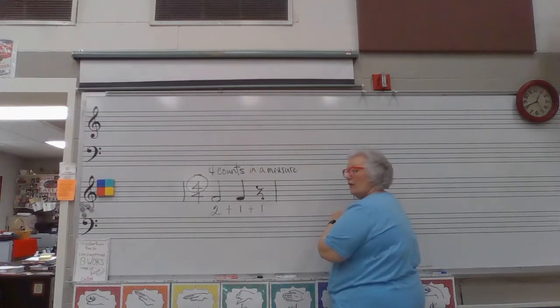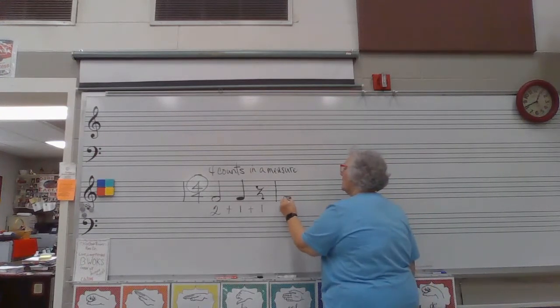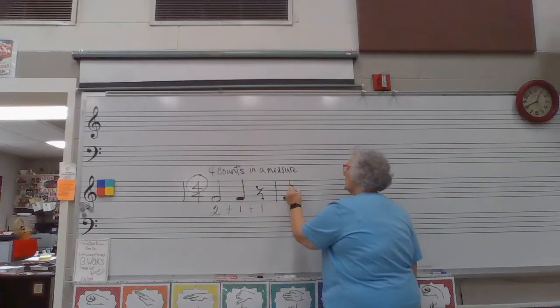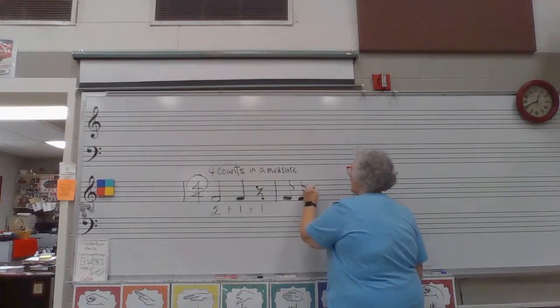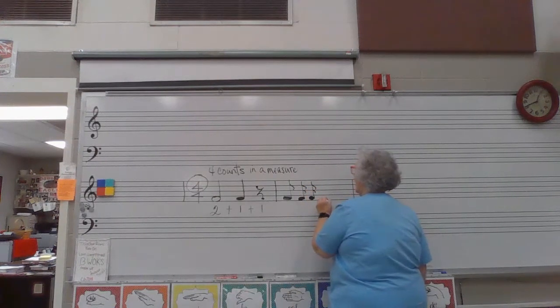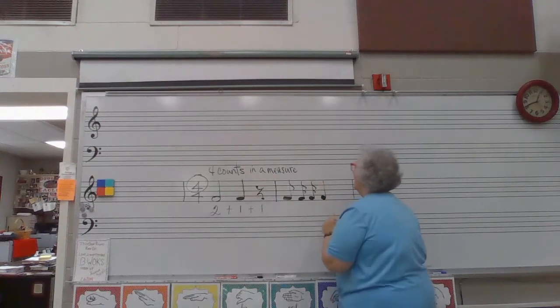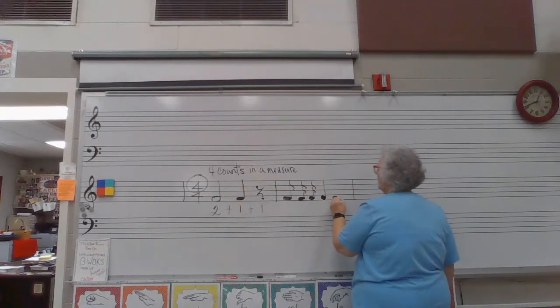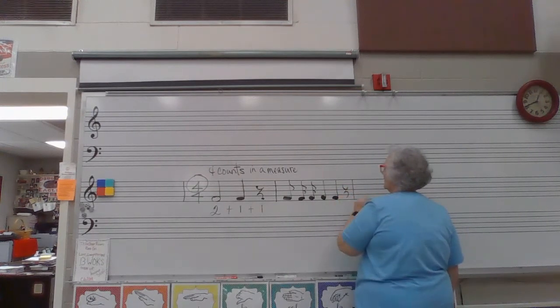Let's do another one. I'm going to put an 8th note, and I'm going to put 2 16th notes, and a quarter note, and another quarter note, and a quarter rest.